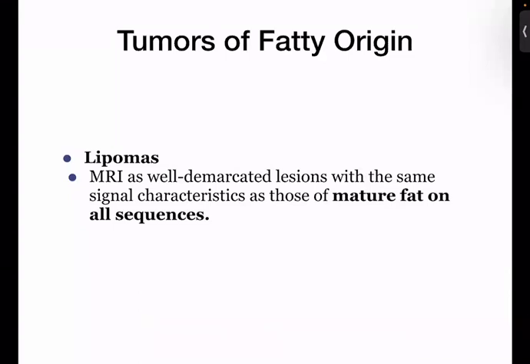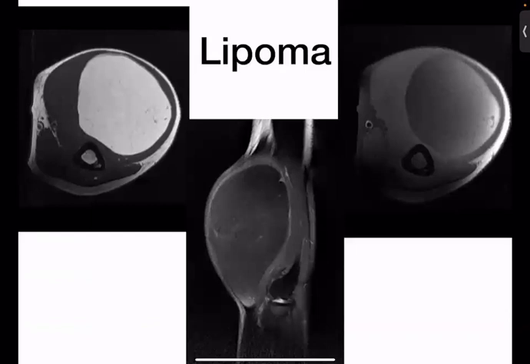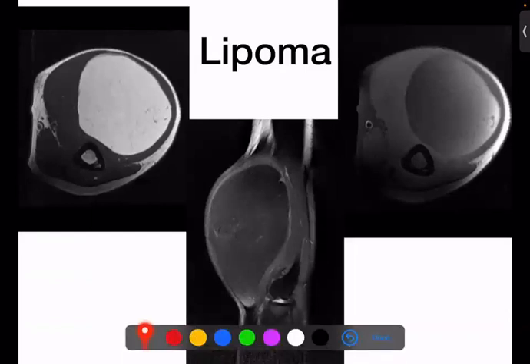Okay, so lipoma, on T1, you look at the subcutaneous fat, and then you look at the mass. Is it the same signal? Yes. Is it homogeneous? Does it look like one large piece, or does it look like it has pieces inside pieces, like fragmented? No, it looks like one large piece.